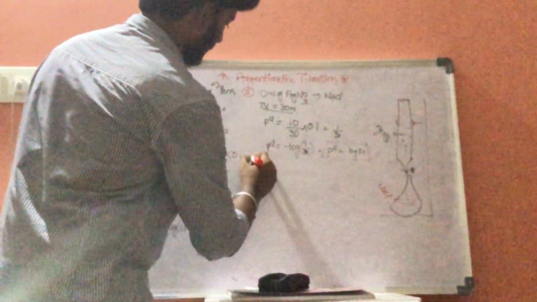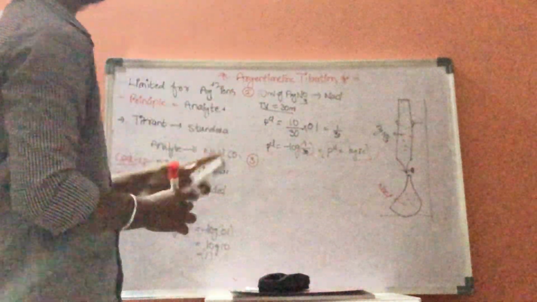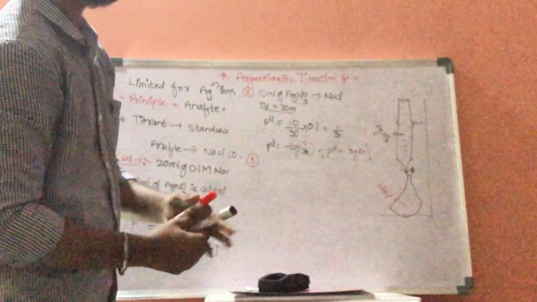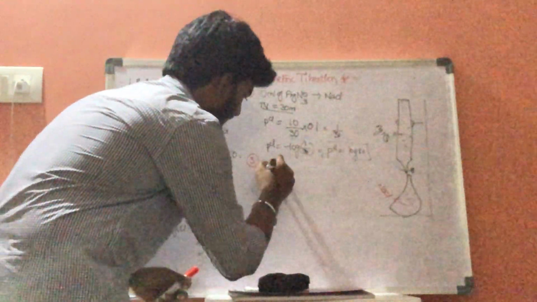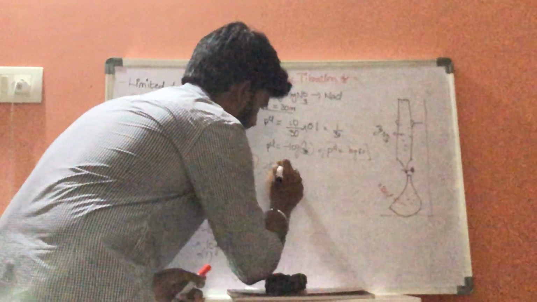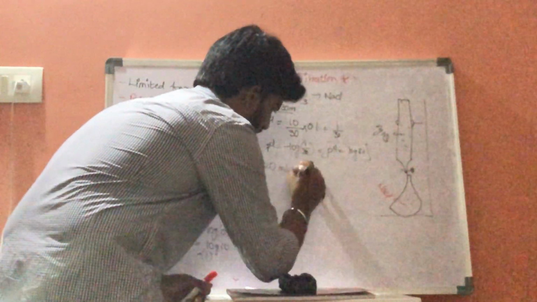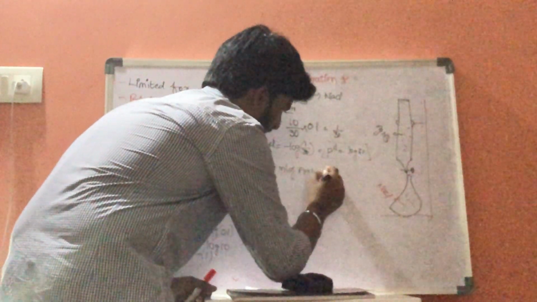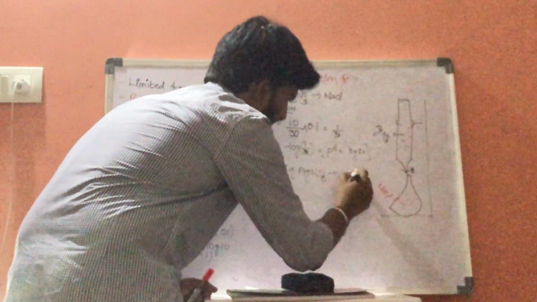When we consider the third case, 20 ml of AgNO3 is added to NaCl.